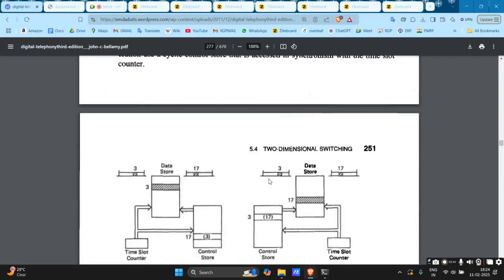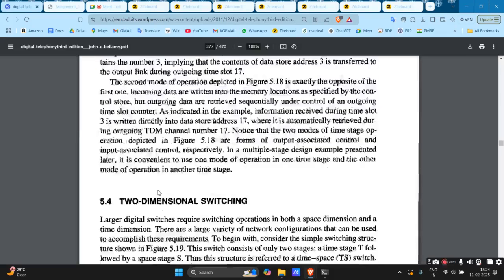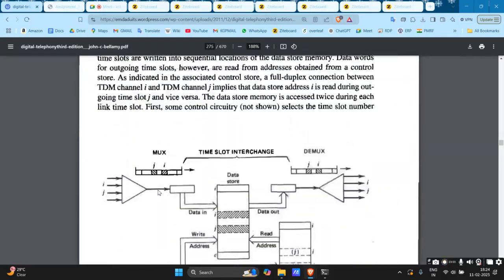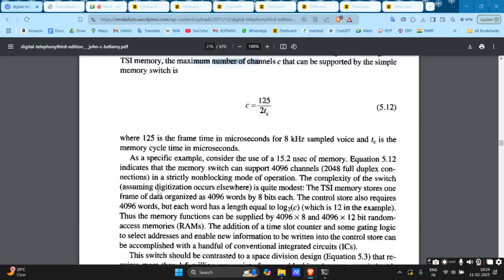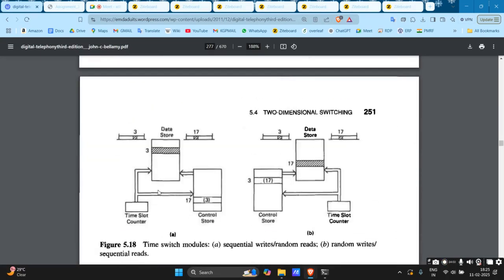If you are serving more users, then you will have more time slots, and if you have more time slots, you will need to store more. So you will need more RAM. So the cost is memory.